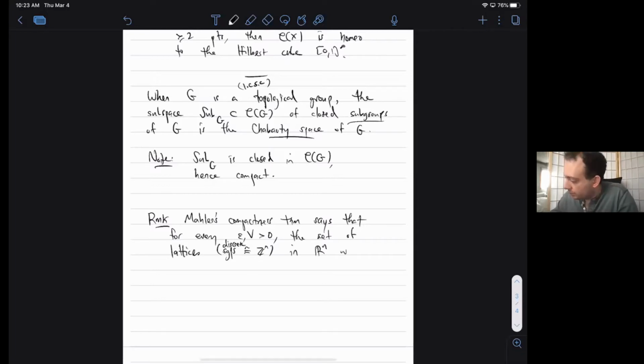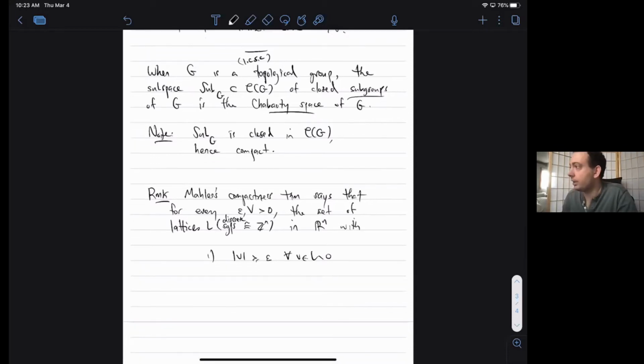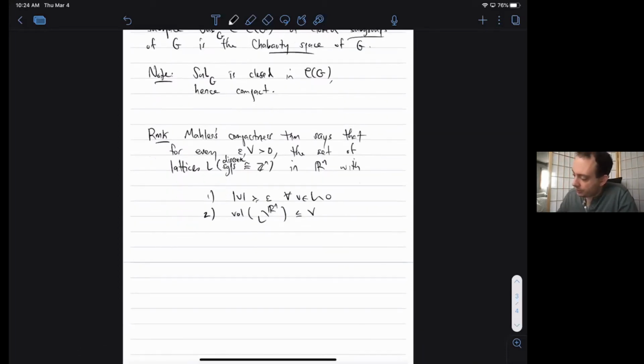I look at the set of lattices L such that the norm of v is at least epsilon for all v in L, except the origin, so there aren't any non-trivial points near the origin, and also the volume of the quotient is at most V. Mahler's compactness theorem says that this set is compact.